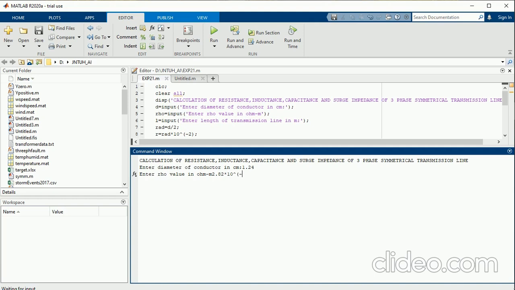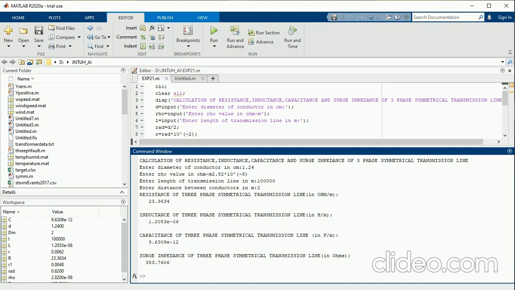Okay, and rho in meters I'm assuming. And next one, length, so it is 100 kilometers. They are asking in meters now, so I'm just giving this. And they are asking for the distance between the conductors. It is symmetric, 2 meters.